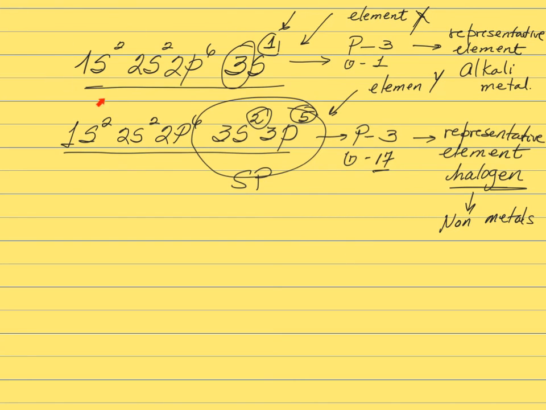So this one is going to have a bigger atomic radius than this one over here, because they have electrons organized in the same level of energy. Still, what happened with this one? It has more protons and neutrons inside the nucleus, and consequently it's going to be attracting all the levels of energy towards the nucleus.